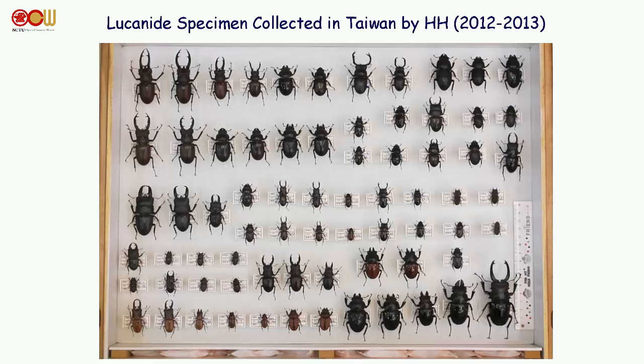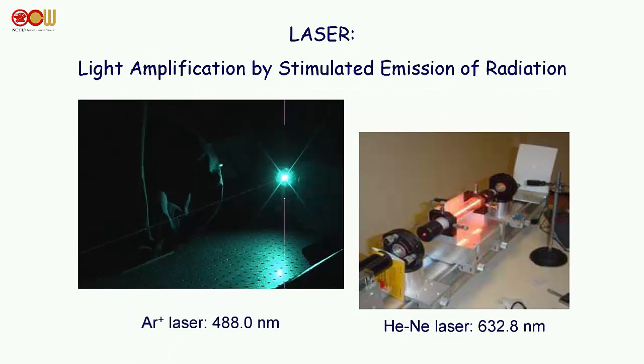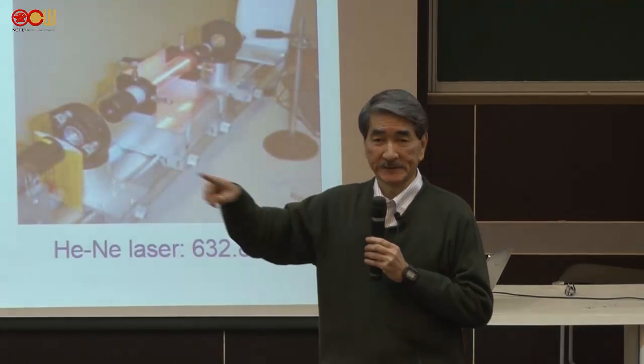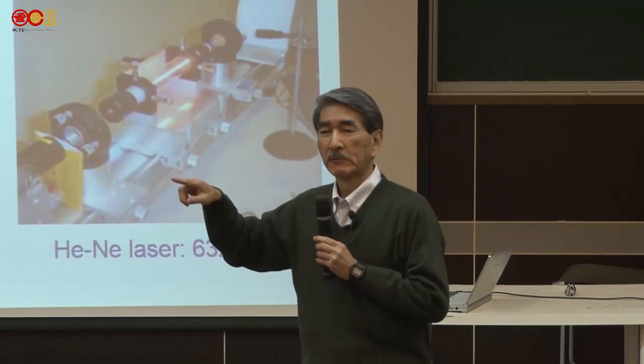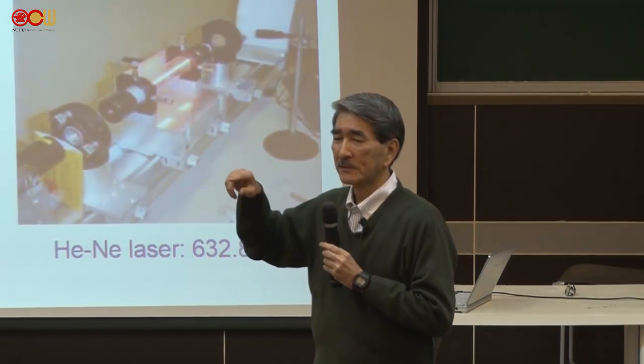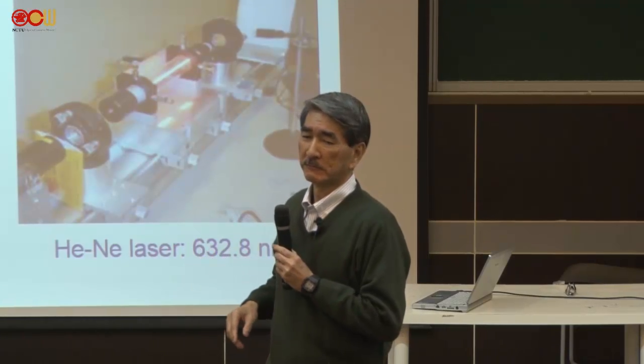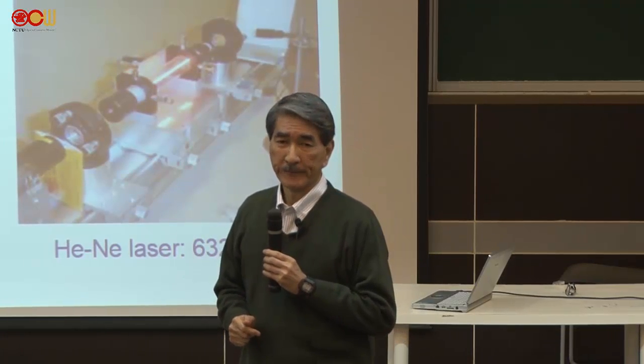And it uses lasers. So laser is an abbreviation of the term light amplification by stimulated emission of radiation. And by using stimulated emission, a laser can produce a very strong light that is suitable for looking into the world of molecules by spectroscopy.